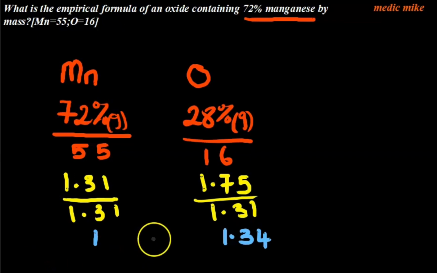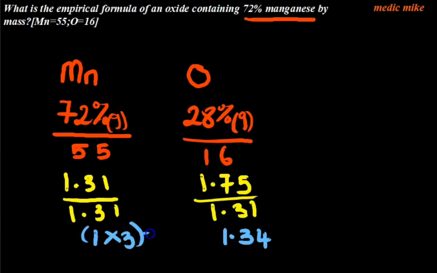Now in examination condition, at this point I will advise to start multiplying from 2. If you multiply by 2, you don't still get a simple whole number ratio, you go to 3 and so on. And for this case it is 3. So you multiply 1 times 3, you'll be getting 3 for sure.